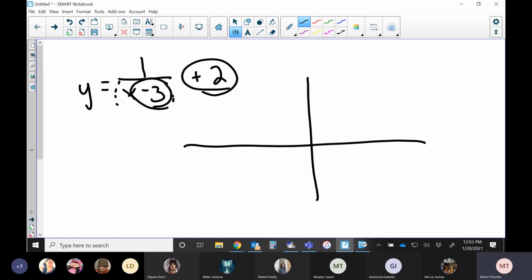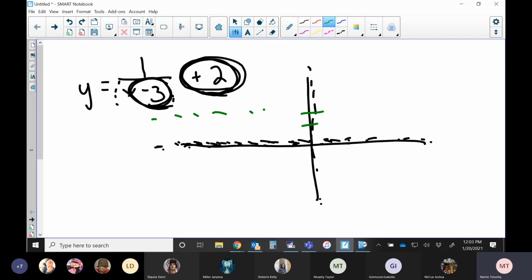So our asymptotes that are normally at y equals 0 and x equals 0 are going to be affected by this movement left and right, and this one's going to be affected by it up and down. If I move the horizontal one left and right, it's going left and right infinitely, so it's not going to be affected, but it will be affected by moving it up 2. So this asymptote that was here is now going to be up here.